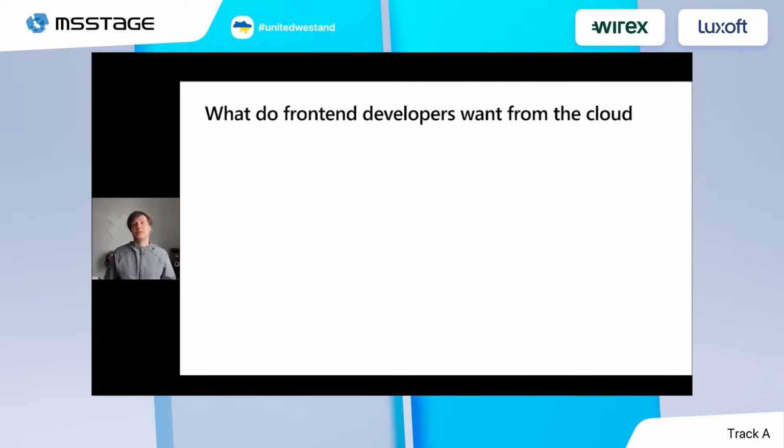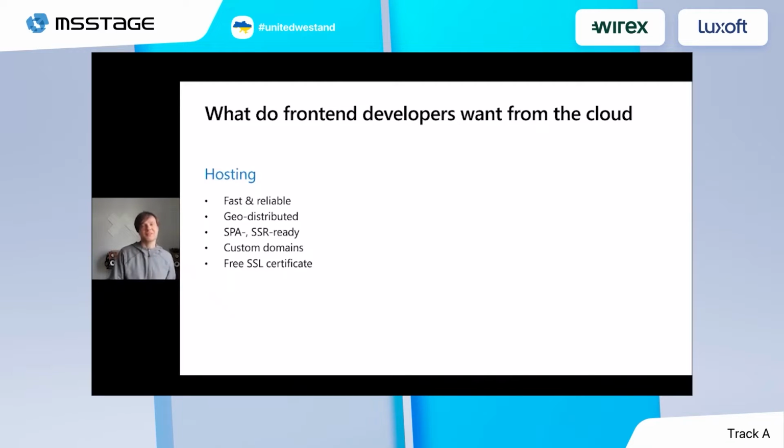And I started to think about what could be, let's say, a dream offering for me as a web front-end developer from some particular cloud vendor or any cloud vendor. And I came up with some criteria. First, the hosting itself should be fastest and super reliable, no questions at all.